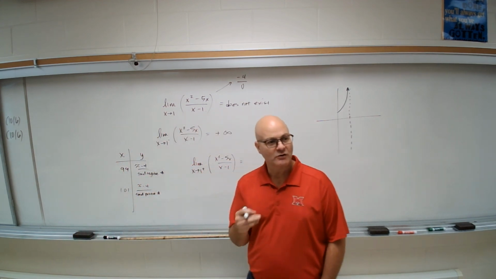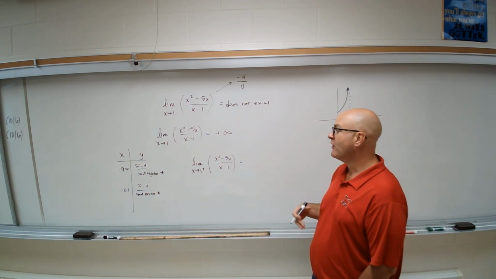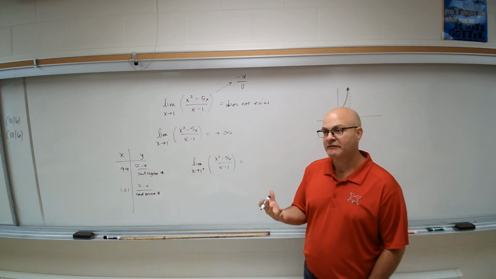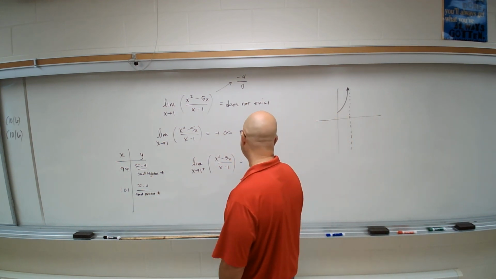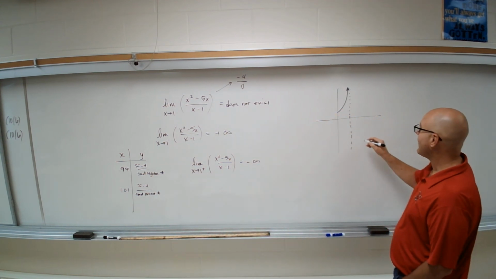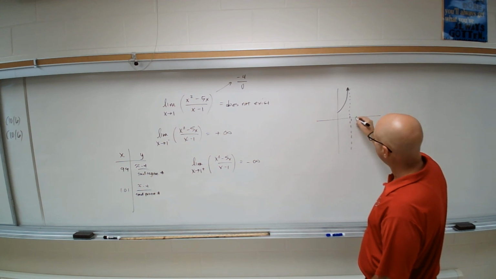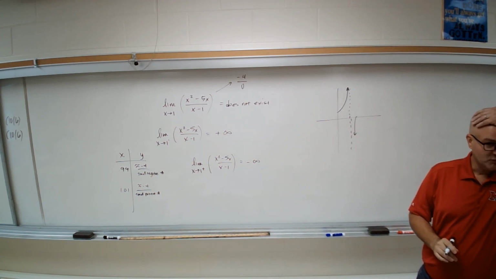Right? And as we get closer and closer to 1 from the right, the bottom is going to get smaller and smaller. So we know that we're either going to approach infinity or negative infinity. But here we have a negative divided by a positive, so this would be negative infinity. So that means in terms of your graph, as you approach 1, it's going to be going down towards negative infinity as you approach 1 from the right.